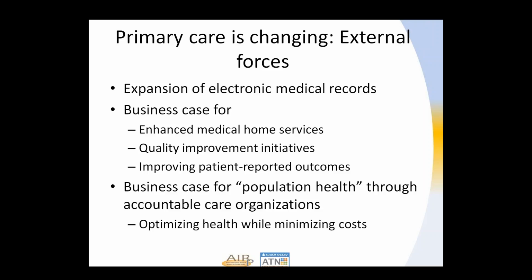There's also becoming the business case for population health through accountable care organizations. These are organizations where primary care doctors will get a set amount to care for a large population, and within that structure, there is the incentive to optimize health while minimizing the costs.